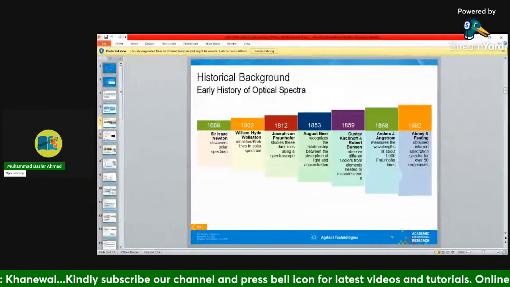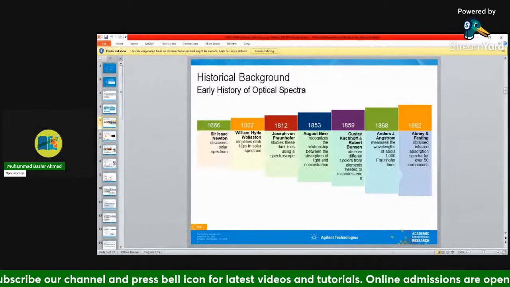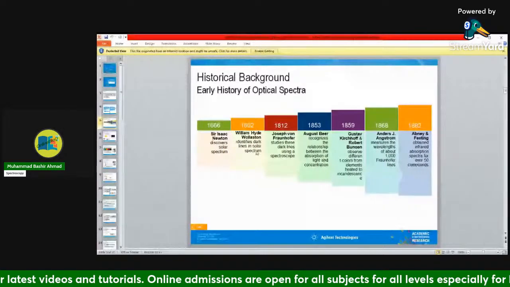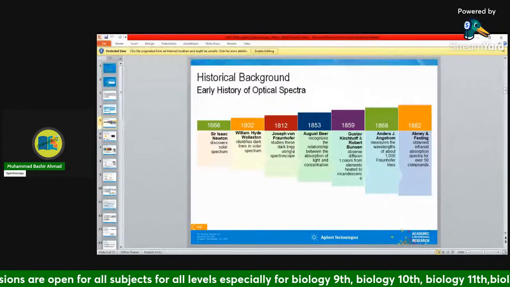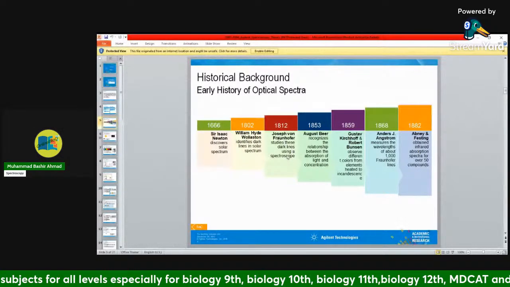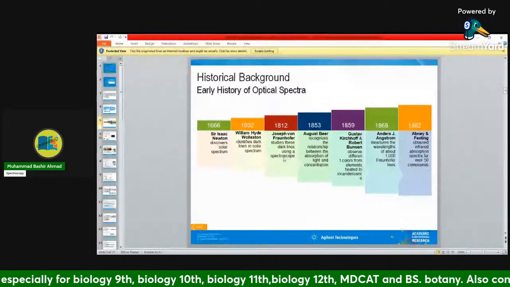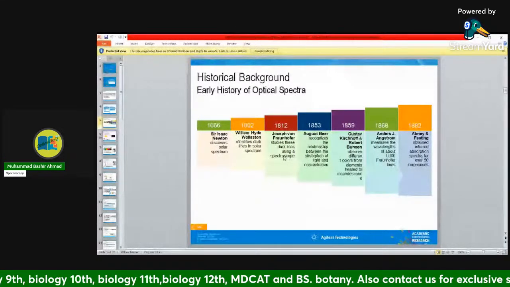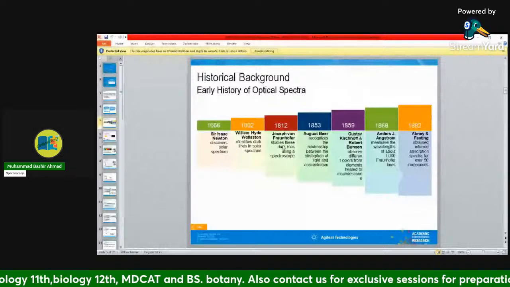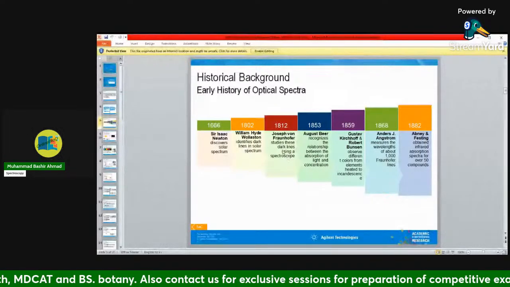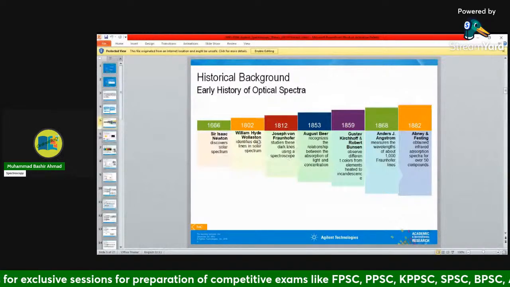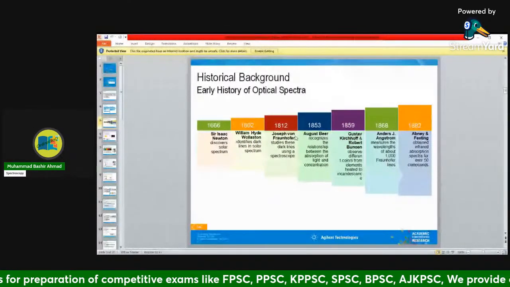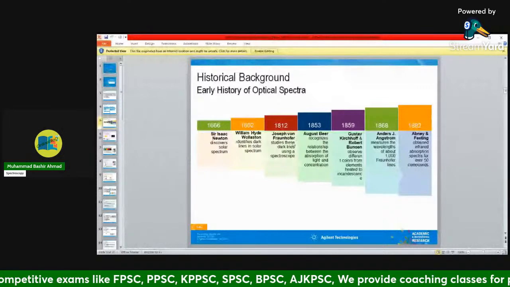In 1802, William Hyde Wollaston identified dark lines in the solar spectrum. In 1812, Joseph von Fraunhofer studied these dark lines using a spectroscope, which had been invented. These are the dark lines identified by Wollaston in 1802.